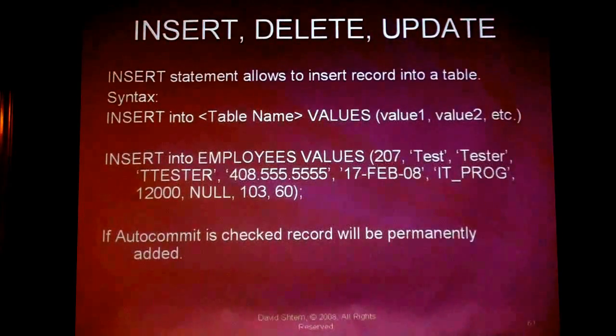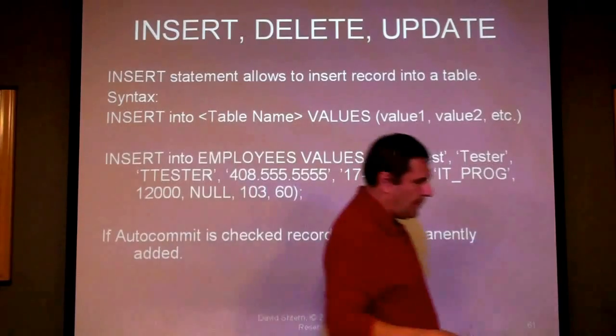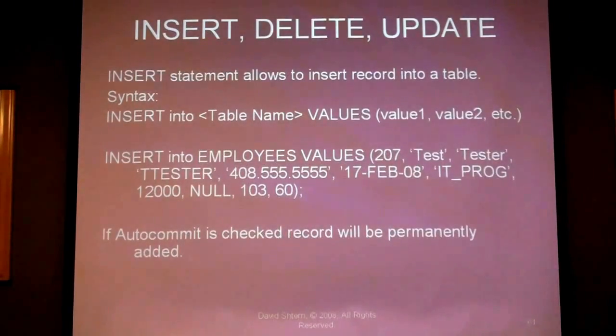Okay. But you realize that this is a little bit difficult to do, because every time you have to look at the table and look at the value numbering. So there is a solution for that. This is a short form. You can specify after employees here. Let's do that. I'll show you. This is for space reasons.